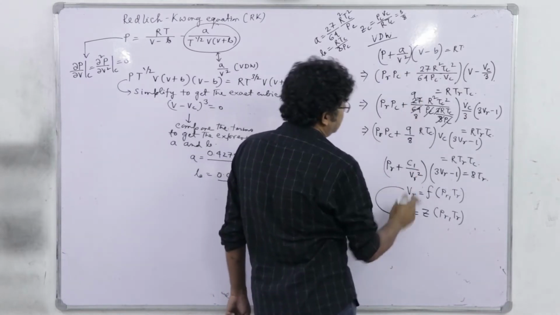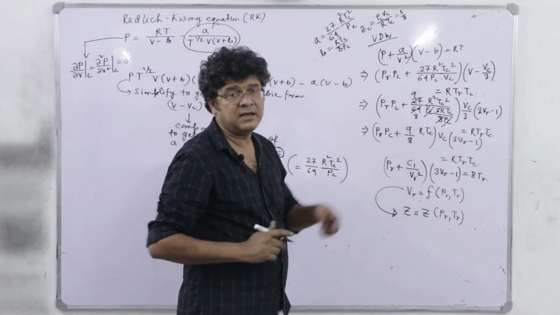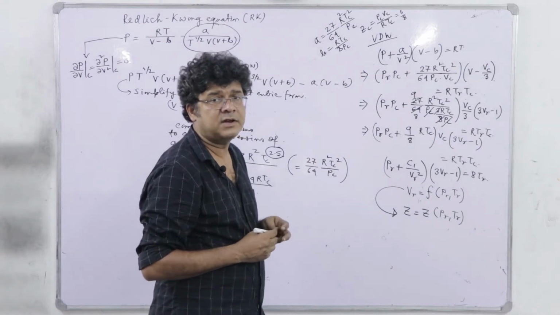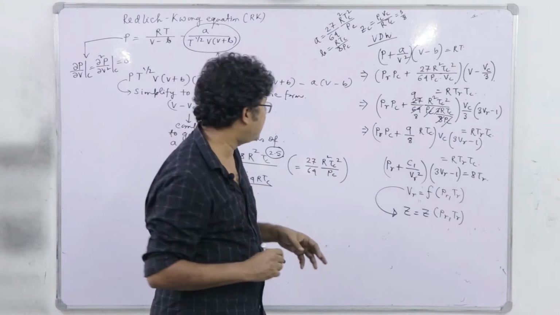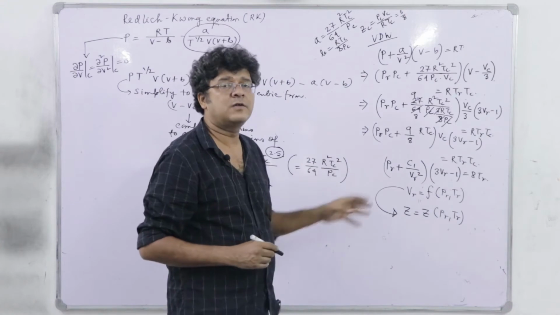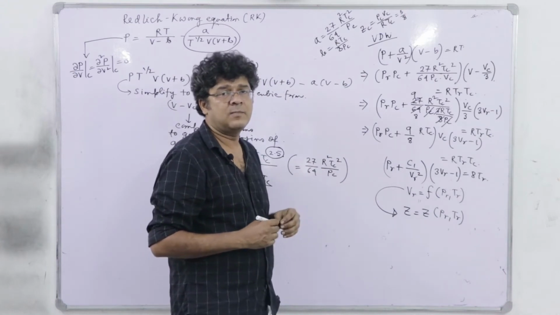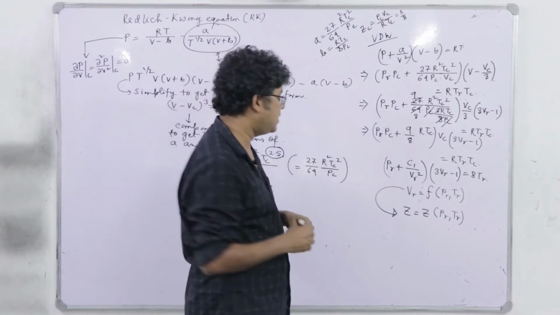So, van der Waals corroborates with this idea that compressibility factor Z is a function of PR and TR. Redlich-Wang also corroborates with this same, that is Z is a function of PR and TR.